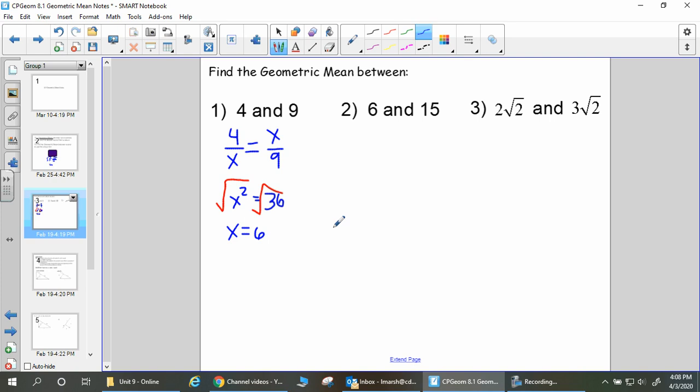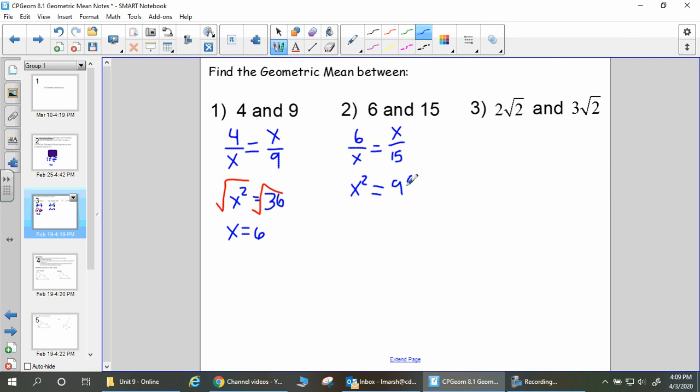That's all that I need. If I do the same thing on question 2 here in the middle, I start with my fractions, 6 over X and X over 15. And I cross multiply, so I get my X squared. And in this case, 6 and 15 make 90.